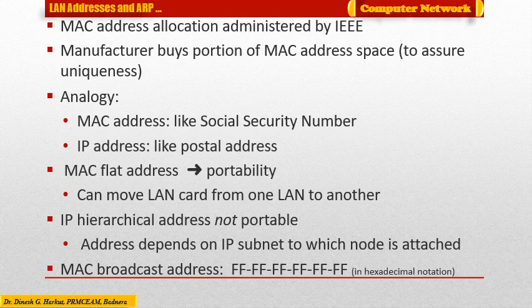For LANs that use 6-byte addresses, such as Ethernet and 802.11, the broadcast address is a string of all 48 consecutive ones, that is FF-FF-FF-FF-FF-FF in hexadecimal notation. This is the typical MAC broadcast address, which is used when a sending adapter wants to send frames to all the adapters in the LAN.